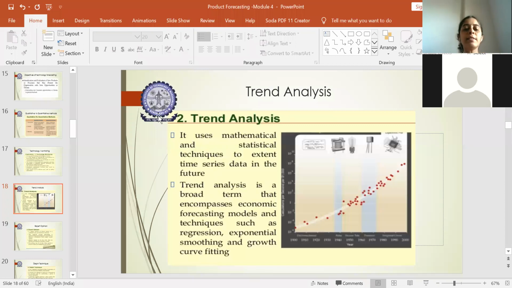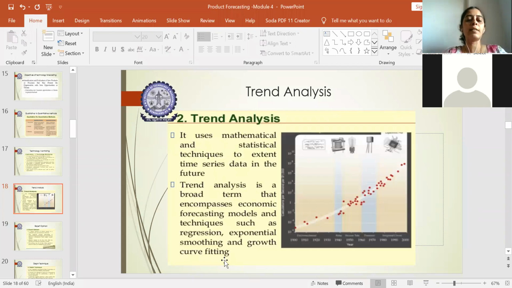So trend analysis is a broad term that encompasses economic forecasting models and techniques such as regression analysis, exponential smoothing, and growth curve fitting. These are the existing forecasting models to do the trend analysis. Depending upon the product and the parameters you are analyzing, it could be a linear way of analysis or an exponential way of analysis.